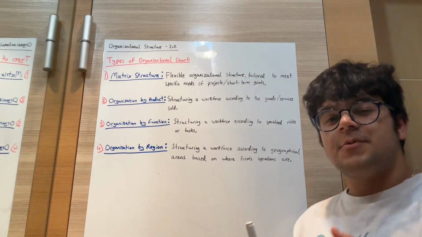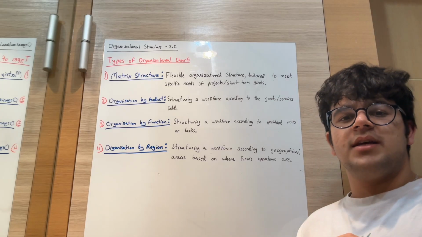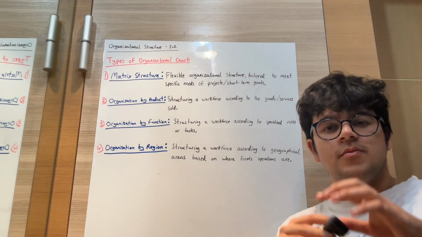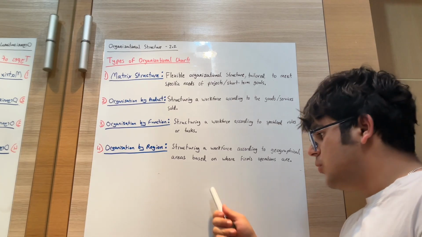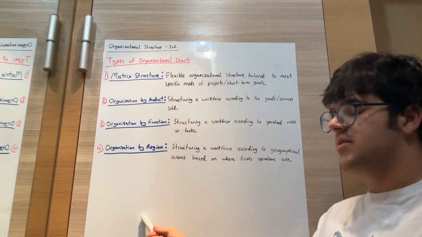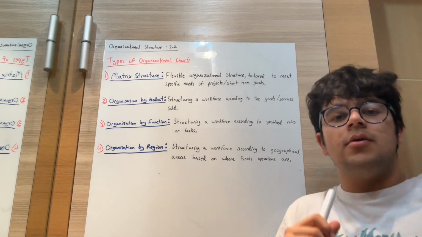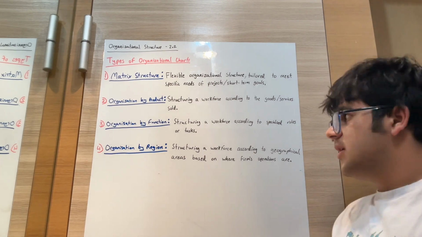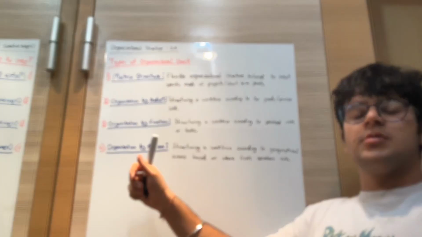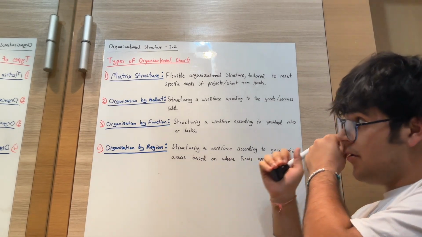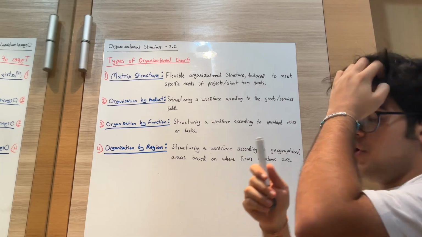But especially if you do unrelated diversification, organization by product is going to be really useful, because you can specialize managers and other roles for your specific products, which may not be useful for your other unrelated diversification. So if you access risk-bearing economies of scale, or you have a large product portfolio, organization by product could be one to use.